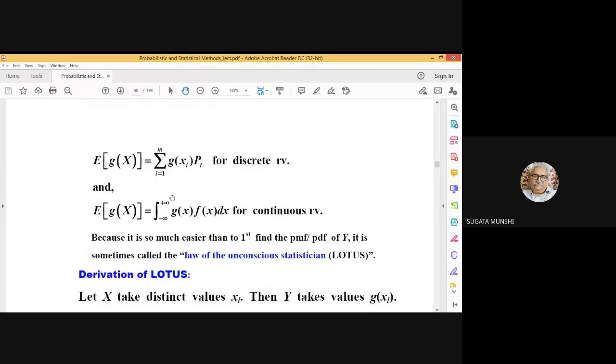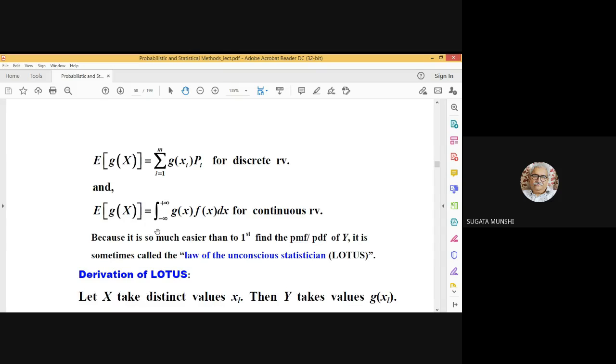It can be shown that if x is a discrete random variable, then expectation of g(x) will be given by the summation over i equal to 1 to m of g(xi) pi, or g(xi) w(xi), same thing. And if x is a continuous random variable, then expectation of g(x) will be given by that expression.